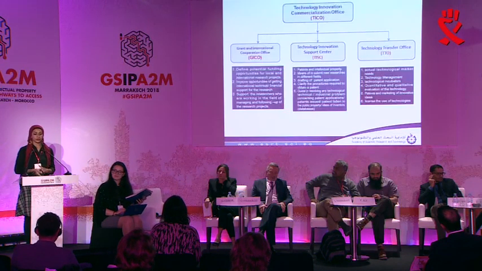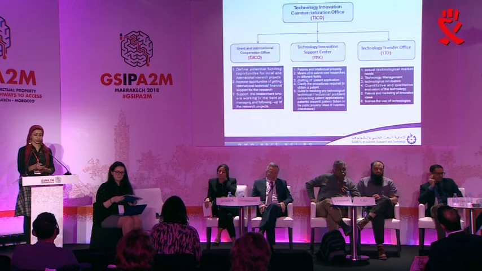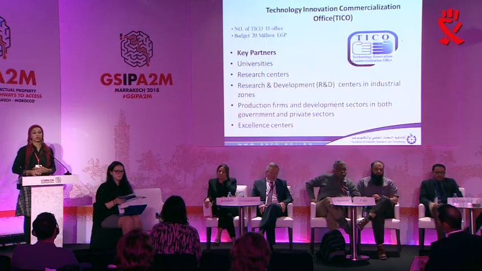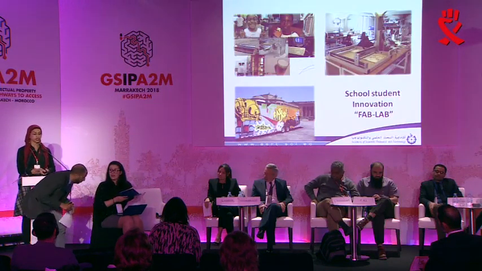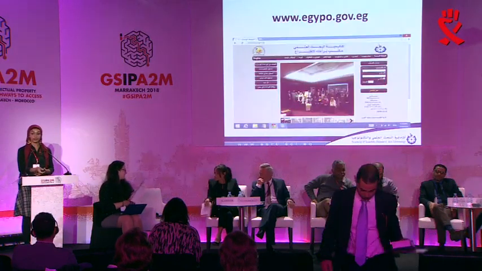There's also the TICO offices and the consultation services. This is the TICO office and the organizations under it. You can easily find it. And in terms of supporting national innovators, there is the Egyptian Young Academy of Science, the School Student Innovation, the Fab Lab project, INTILAC, the Egyptian Knowledge and Technology Alliance, and the Cairo International Exhibition for Innovation.